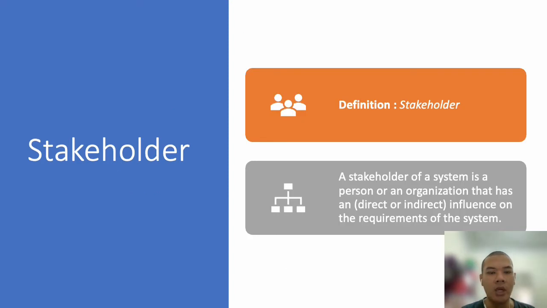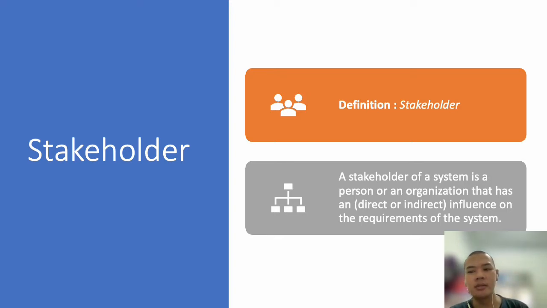When we talk about requirement engineering, we always talk about the stakeholder. A stakeholder of a system is a person or organization that has a direct or indirect influence on the requirements of the system. The term stakeholder is essential in requirement engineering.